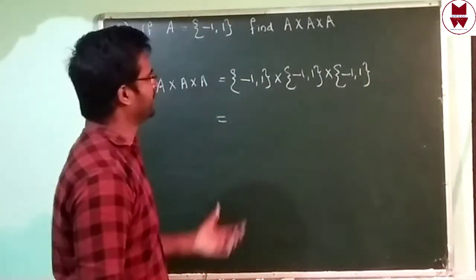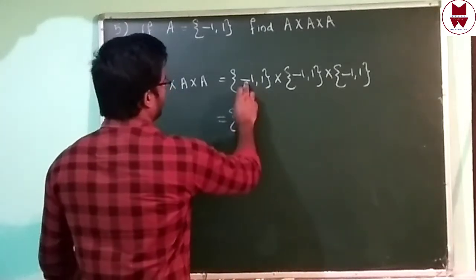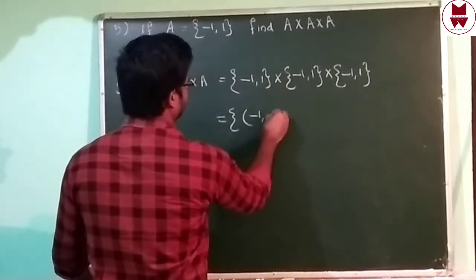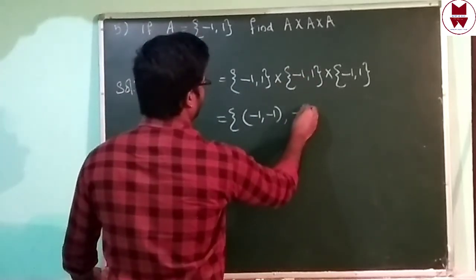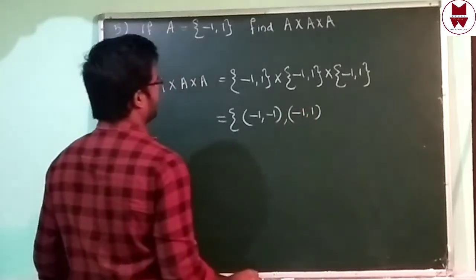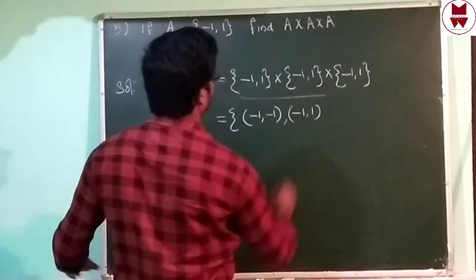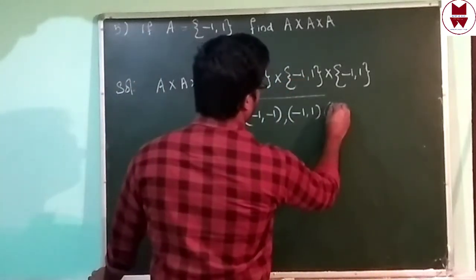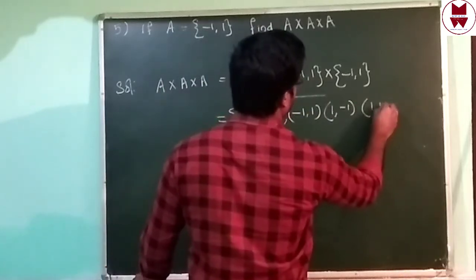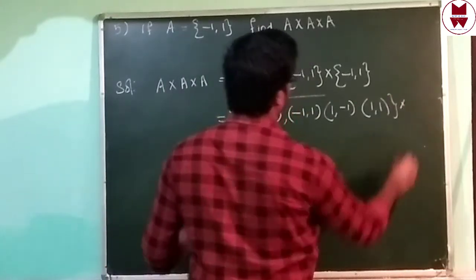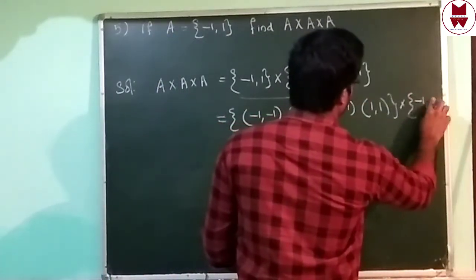First we can find the Cartesian product of the first two sets. That means set -1, -1, then -1, 1. Using -1 we did 2 times. Then 1, -1, then 1, 1. Then cross this with the third set, the remaining set -1, 1.